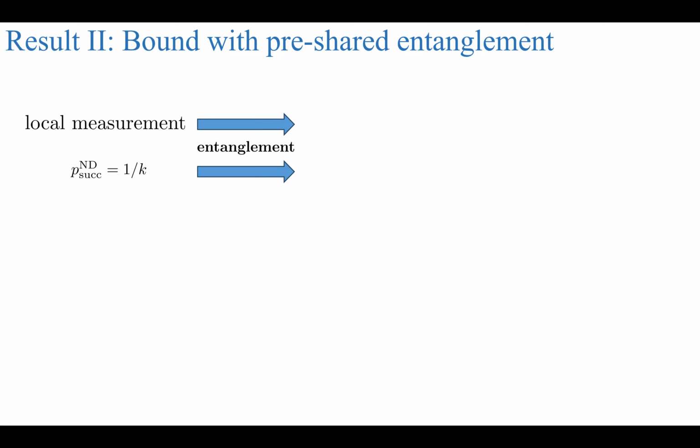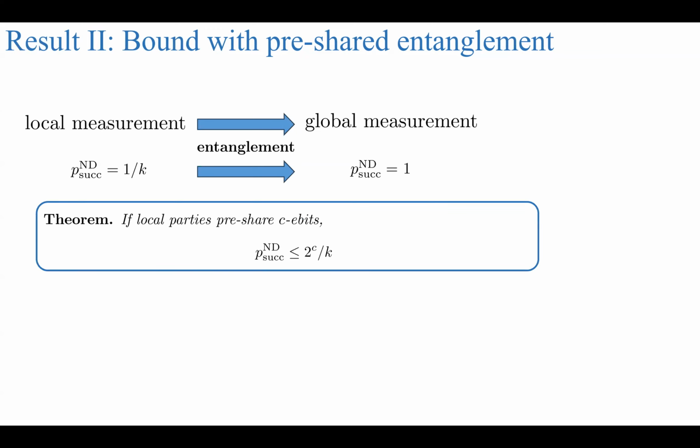But we know that if we supply unlimited shared entanglement, then we can reach unit success probability in any case, because the local measurement can become a global measurement. But the problem is how much entanglement we need.